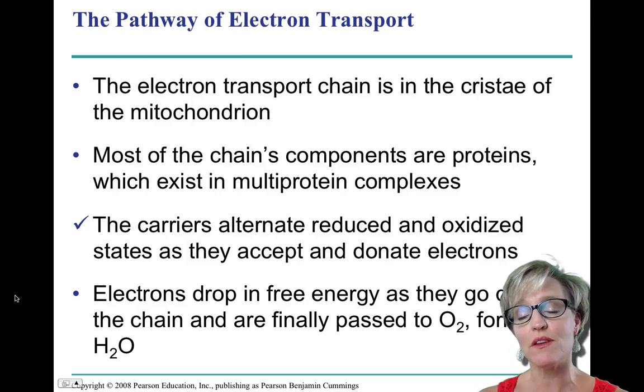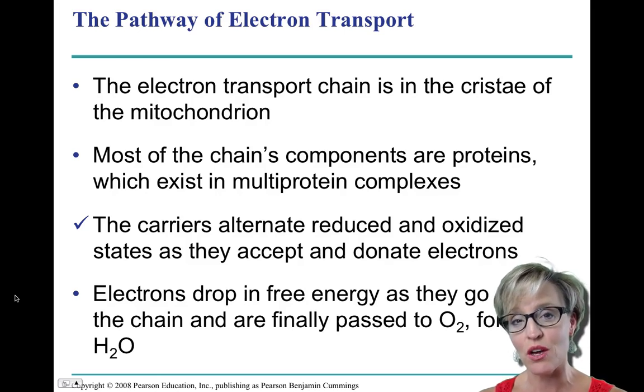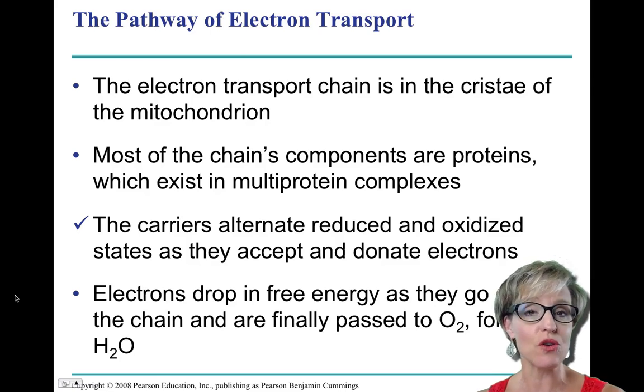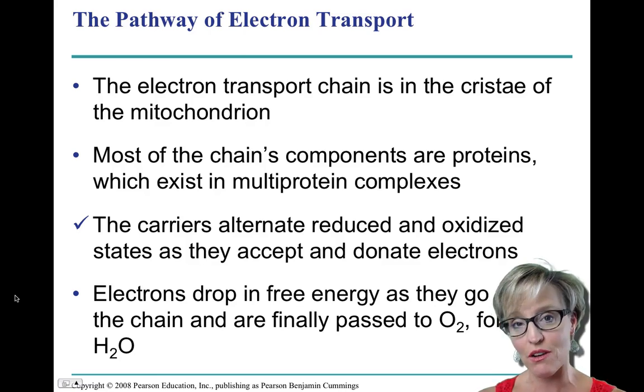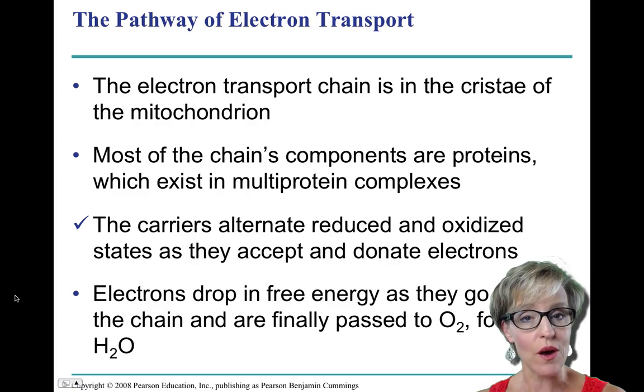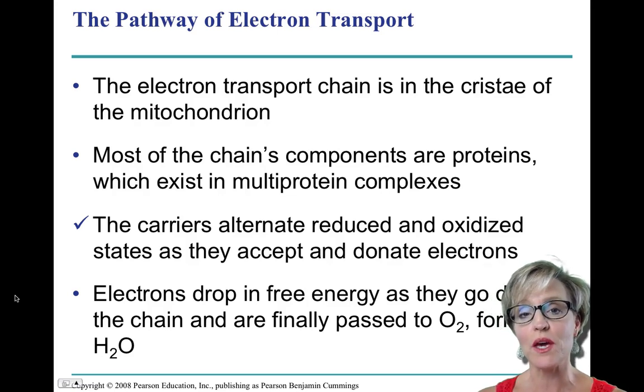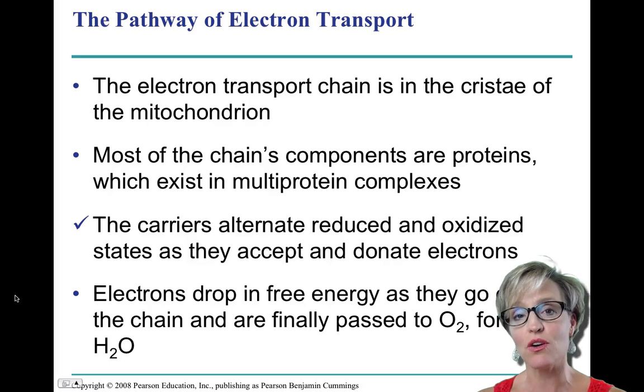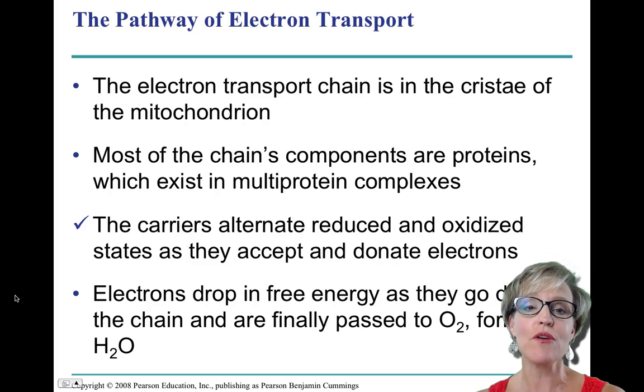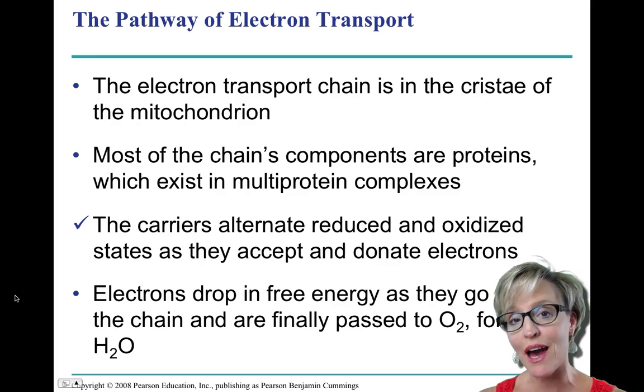The proteins in the electron transport chain will be more highly electronegative than the electron carriers. So they'll steal away the electrons from the carriers, and each protein in the chain going down to the bottom of the electron transport chain is more highly electronegative. Thus we have the electrons flowing from the first protein in the electron transport chain to the last one.